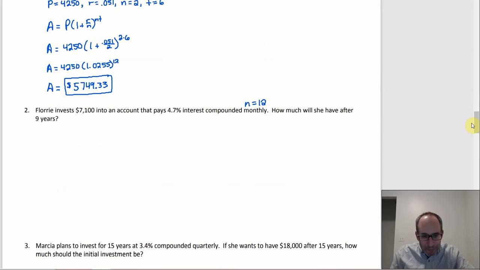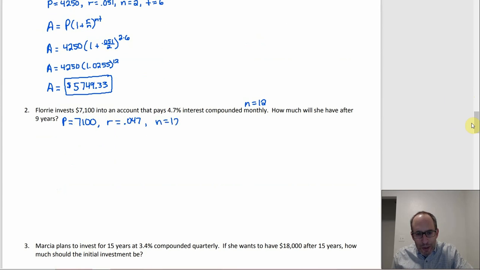Well, let's see what we got first of all. So P, the principal, is the 7,100. Then the interest rate is 4.7%, or in decimal form, 0.047. And we know that N is 12. And then 9 years of elapsed time, so T is 9. Okay.